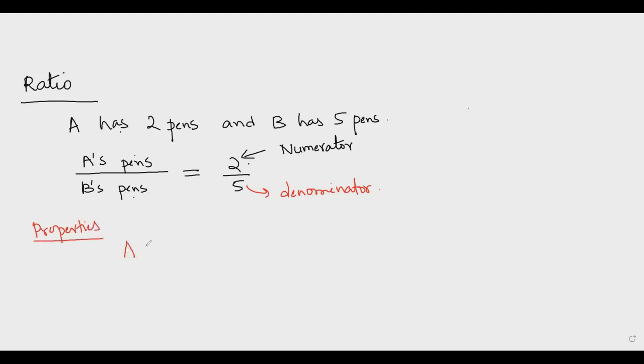Now some property. See, if I say A by B, the ratio is let's say 2/5. If the ratio is 2/5, can I multiply by another number? Will the ratio change?